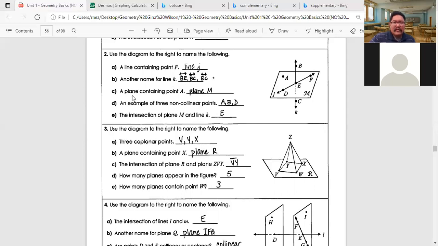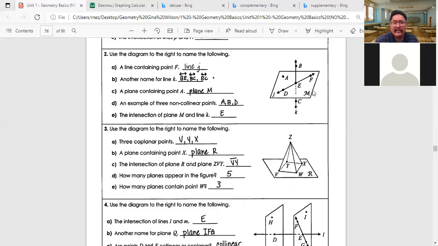All right, so let's go and move on to the next part. So this would be a plane containing the point A. So here I have A. And again, I could also name this with any 3 points along this, but since it's marked with this, I don't want to say it's cursive, but it's kind of fancy. I don't know what font that is, but it's kind of that fancy looking M. And that usually means that it's a plane.